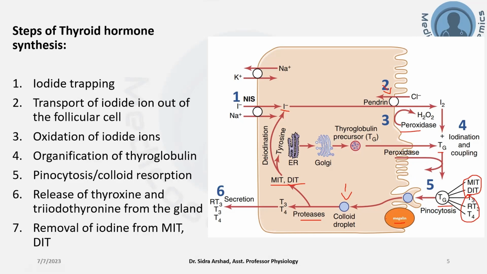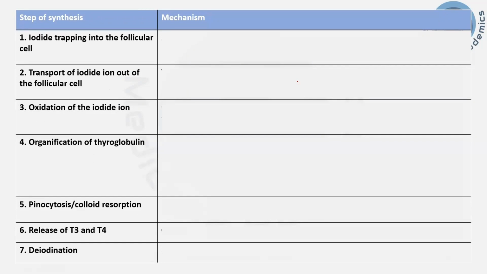They are actually deiodinated, and the iodide ions are cleaved from them, and they can be used for the synthesis of thyroid hormone in the next cycle. So this is how the synthesis of thyroid hormone is taking place inside of the follicular cells. So the seventh step was deiodination, which helps us recycle the iodide ions.